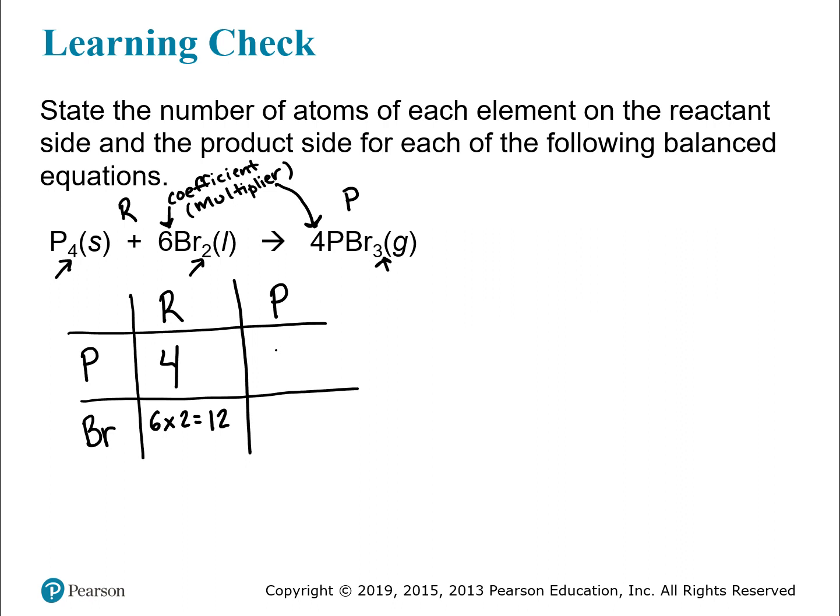So we've got 4 phosphorus atoms because we have to multiply everything in the compound by 4. It's just like with math. For bromine, I've got 4 times 3 because of that subscript. So I have a total of 12 bromine atoms.